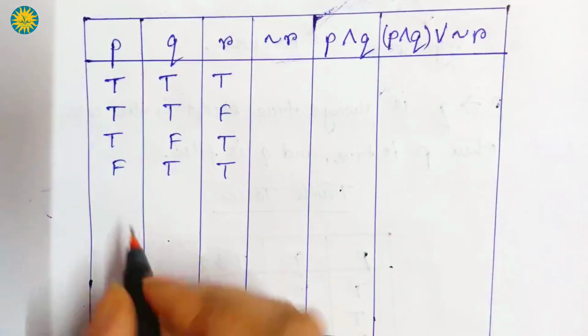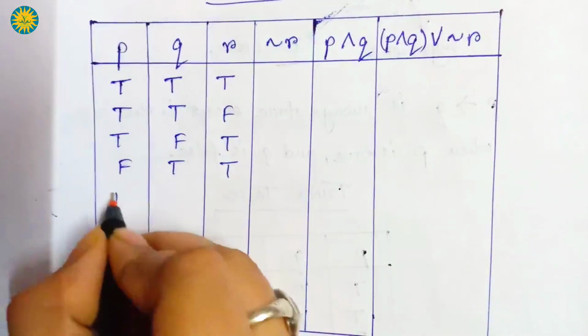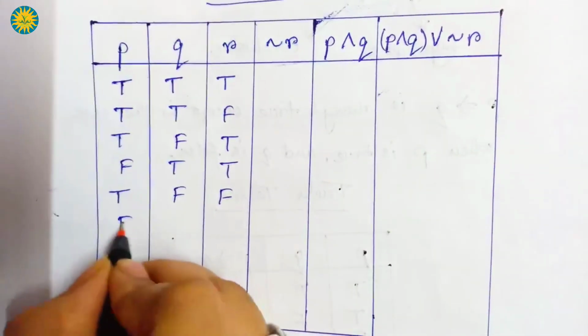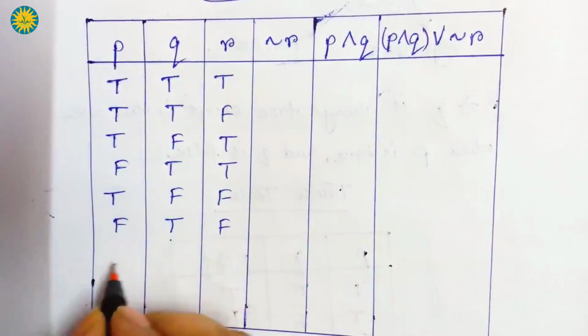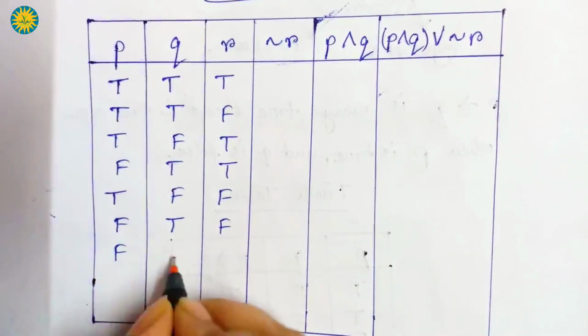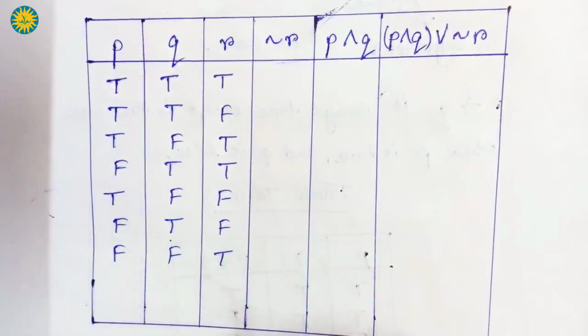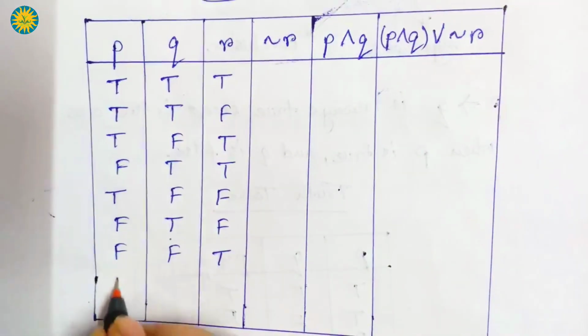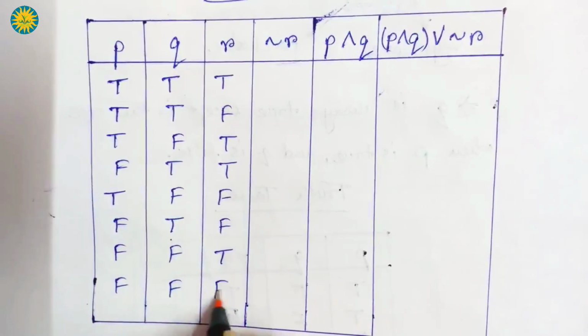When 2 of them are false, then we will have true, false, false; false, true, false; and false, false, true. And the last case is for when 3 of them are false: false, false, false.